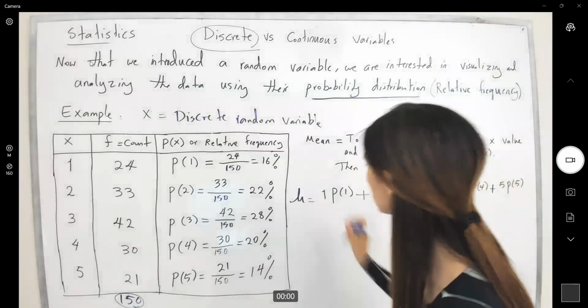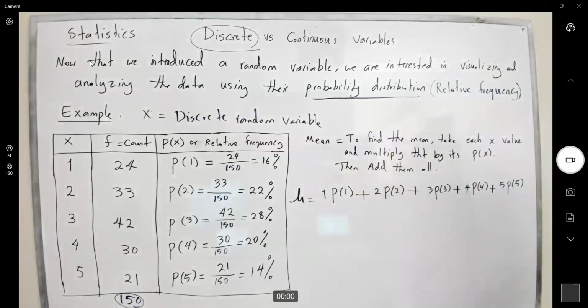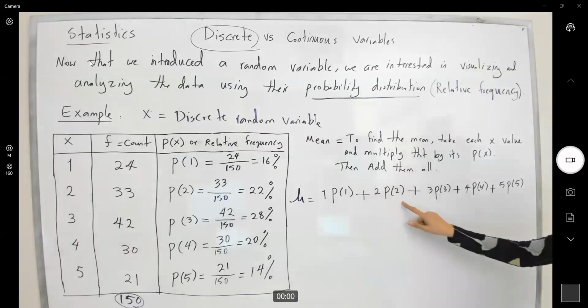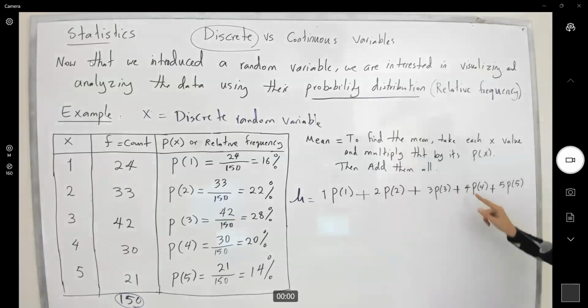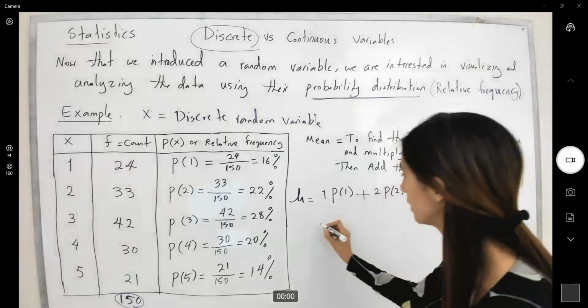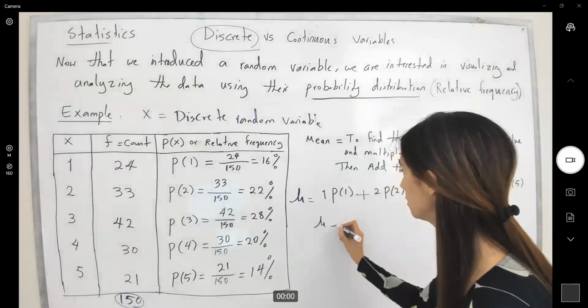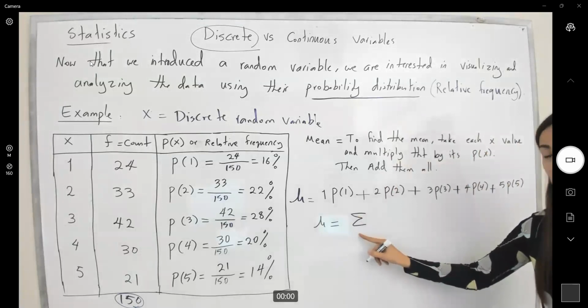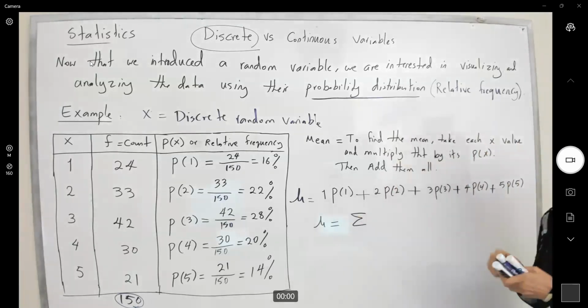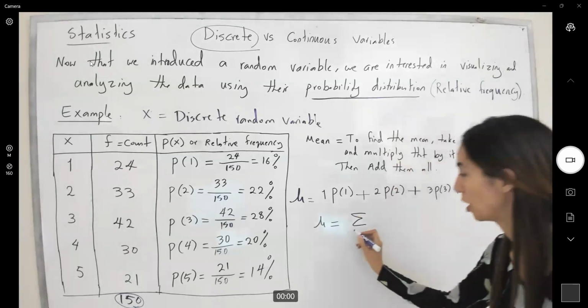Mu is 1 times p of 1 plus 2 times p of 2 plus 3 times p of 3 plus 4 times p of 4 plus 5 times p of 5. And mathematically, we write it this way. We say that mu is equal to the sum, sigma, capital sigma, represents the addition sum.